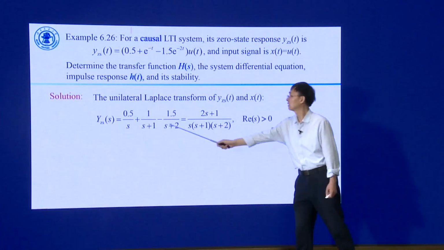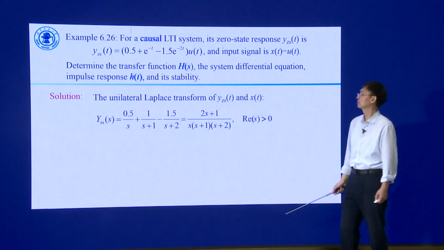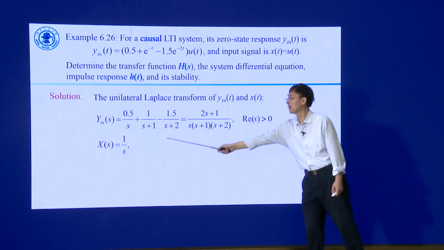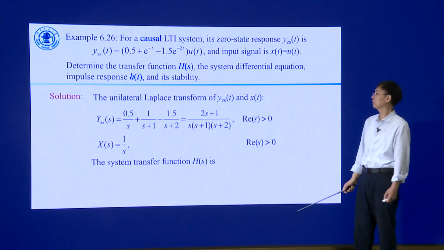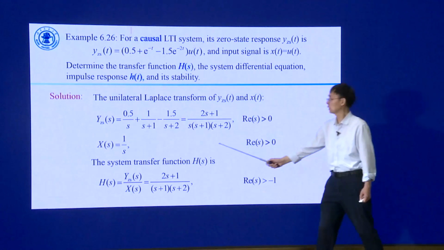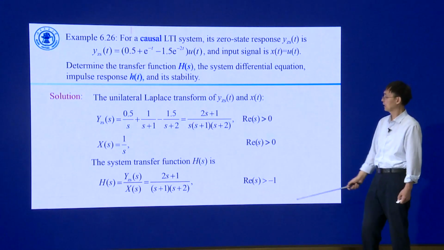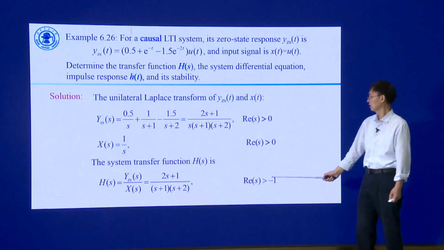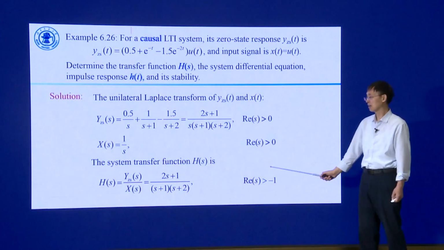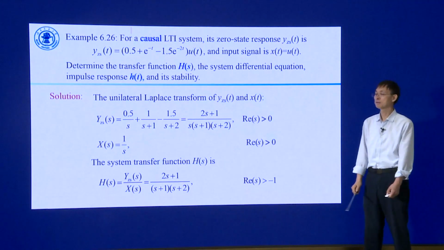This is Y_zs(s). This is X(s). According to the definition of the transfer function, we can get the transfer function H(s). There are two poles for this function. This number should be the largest real part of the poles.